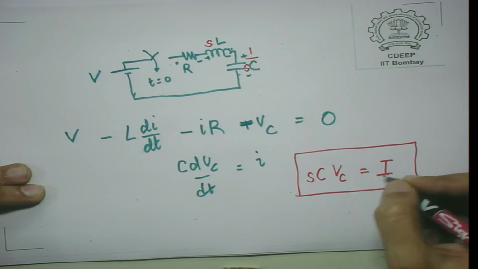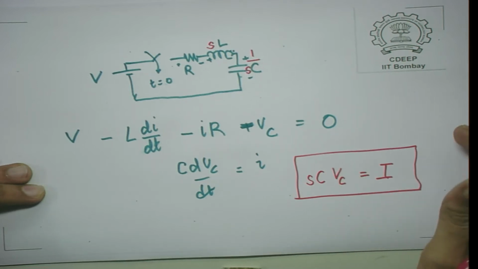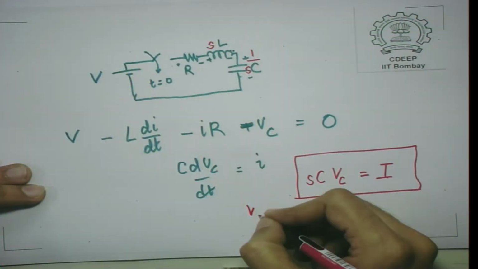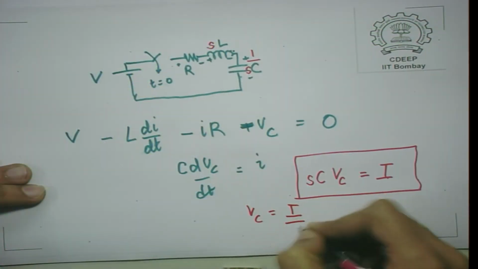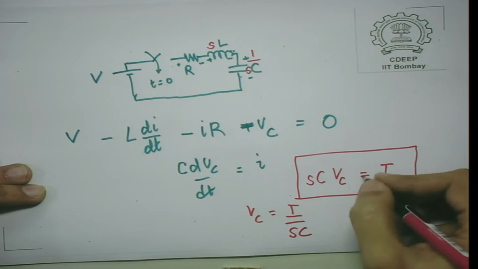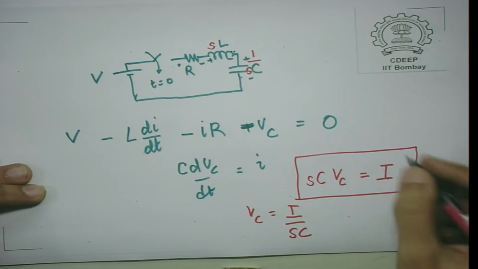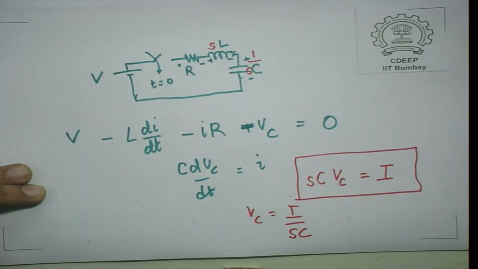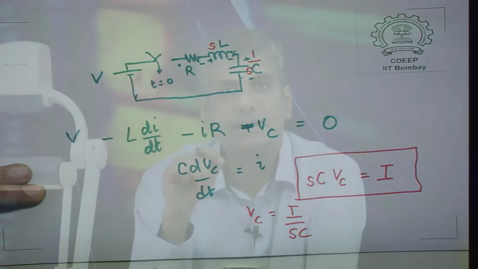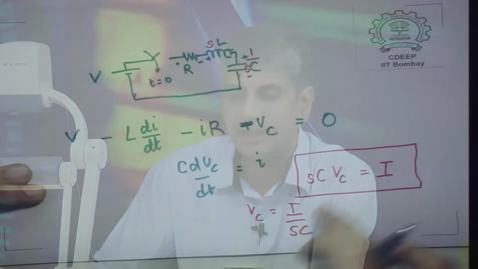In case we assume that in steady state the nature of I and V are e raised to st plus alpha. So, what really happens is that Vc can be written as I upon Sc. This is all with the assumption that your input is e raised to st plus alpha, and this of course pertains to the steady state.